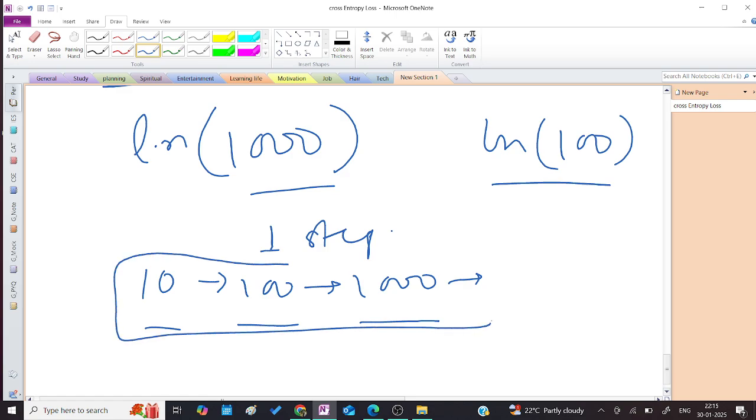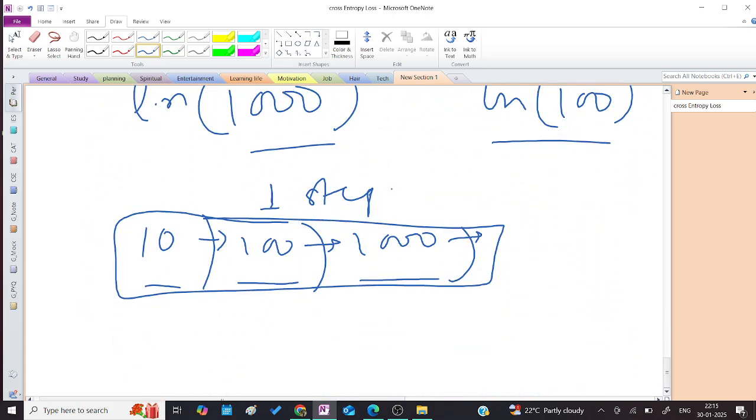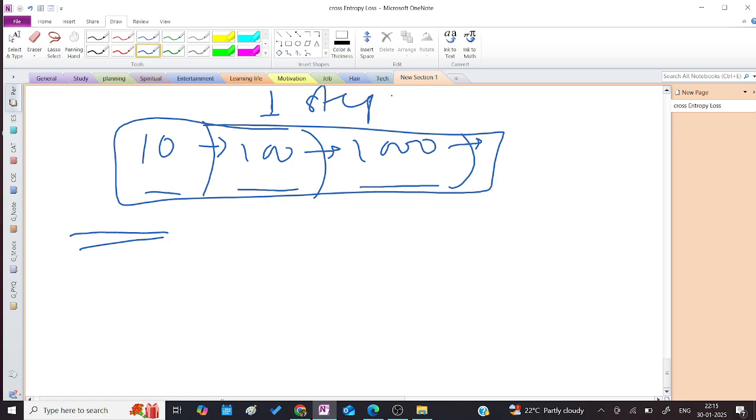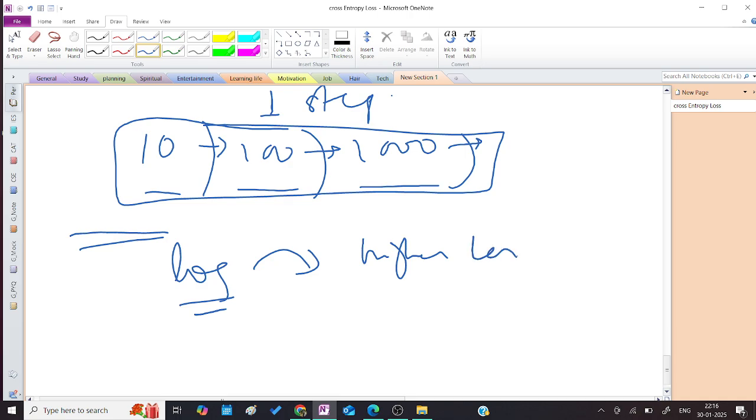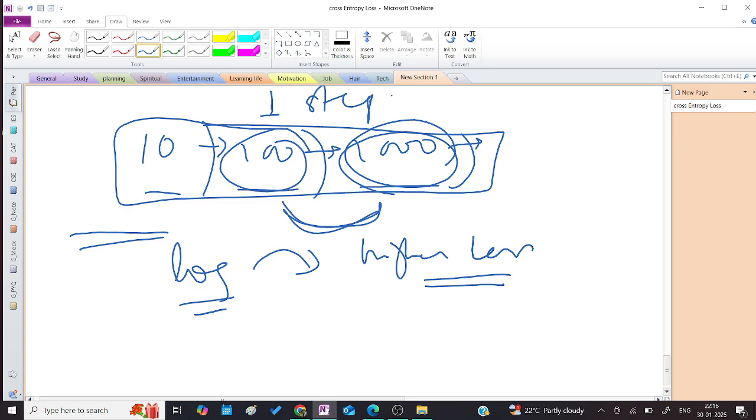But actually the difference is almost 10 times. So you may say that we should not have used the logarithm term because higher losses are penalized less, right? For example, if the loss is around 1000 and 100, the penalty will be only one step, but in reality it is about 10 times more.